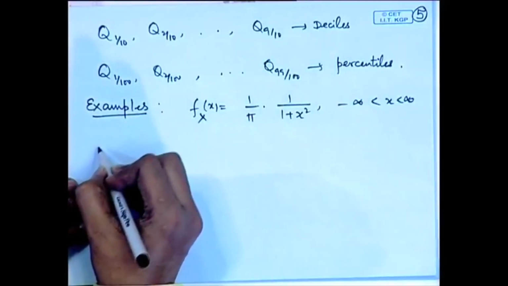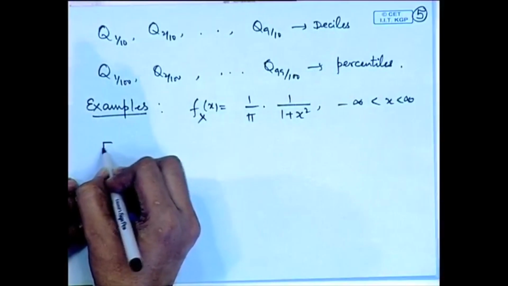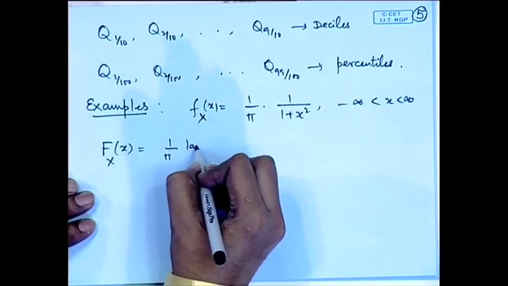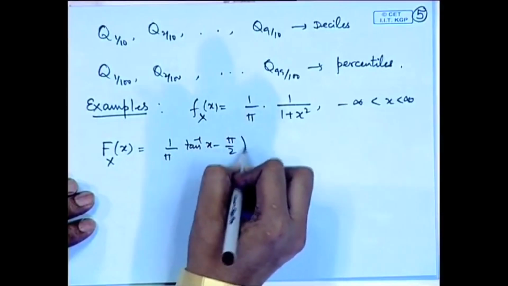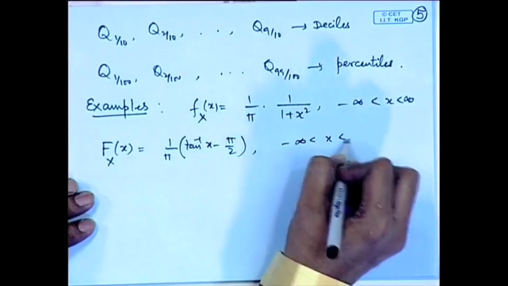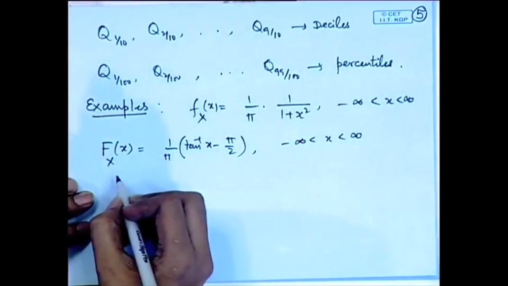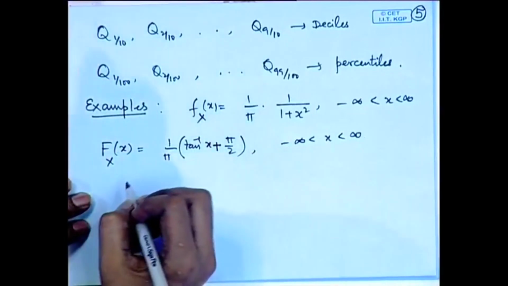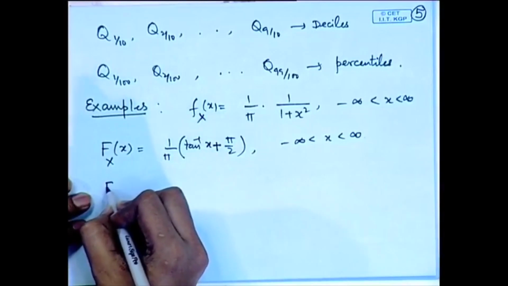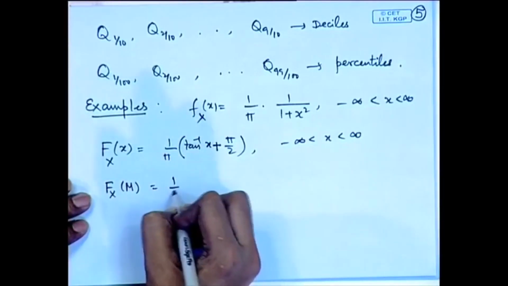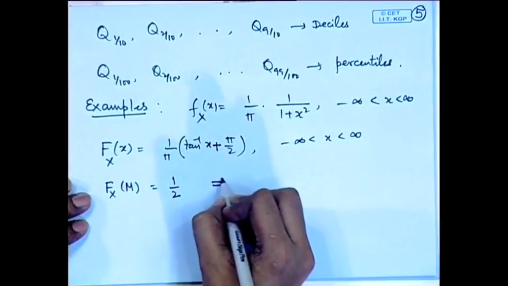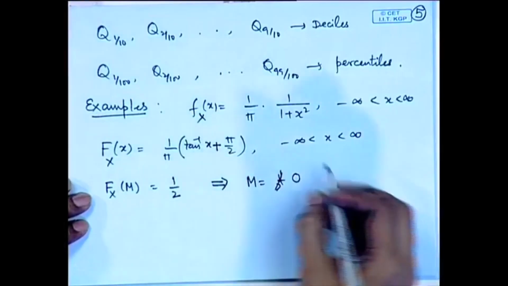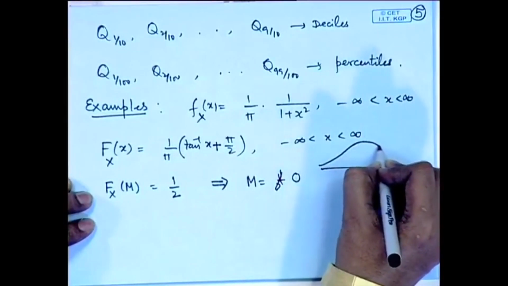However, if we look at F x, then it is equal to 1 by pi tan inverse x plus pi by 2. So, if we calculate say the point F of m is equal to half, then this corresponds to simply m is equal to 0, which is clear if we plot this distribution.